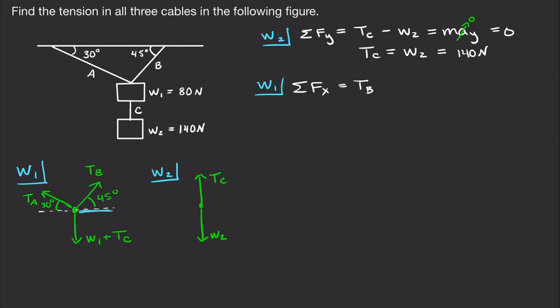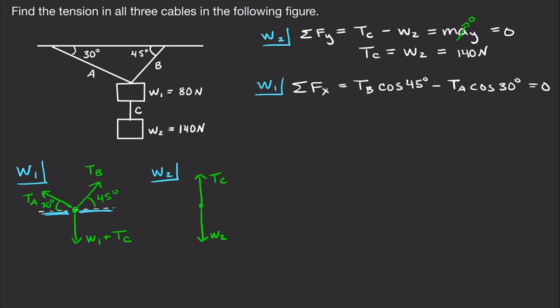Adjacent means I want to use cosine of this angle to pull out the component. And then the tension in cable A is to the left, so it's going to be minus. The x component of TA is also adjacent, so that's going to be cosine of 30 degrees. And that is also going to equal 0 because the acceleration in the x direction is 0.